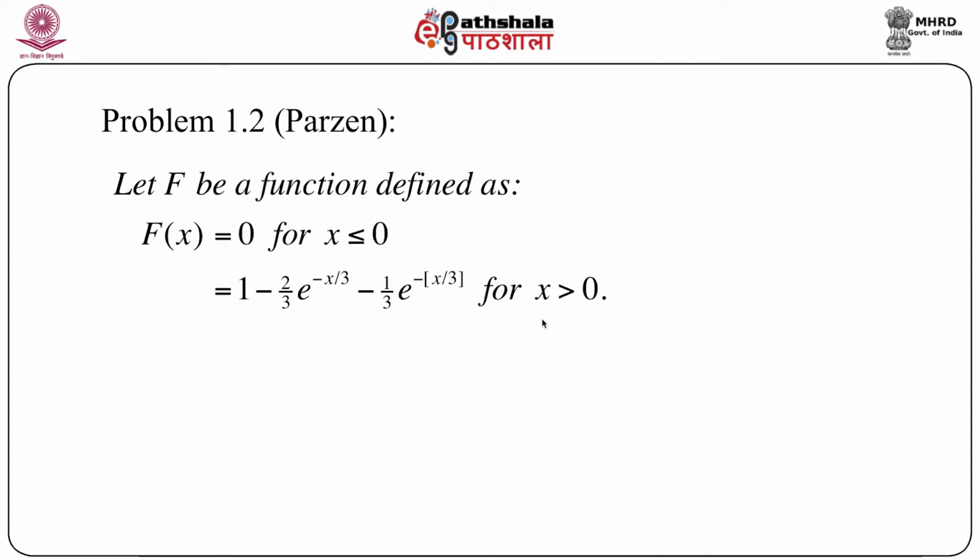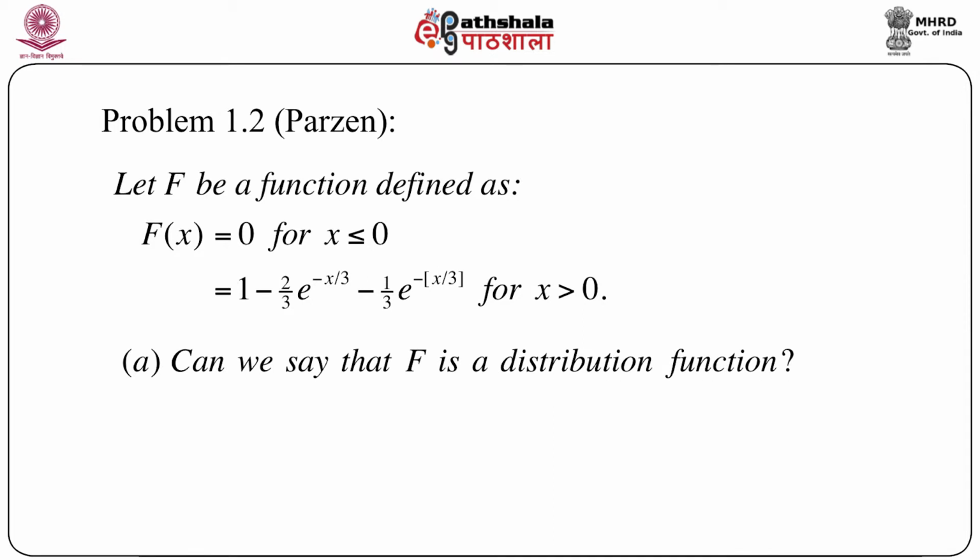Now box of x, or third bracket x, is defined as the largest integer contained in x. That means if x equals 2.3, box of x would be 2, and again if x equals 2, box of x would be 2. So that's the way we define the box function.